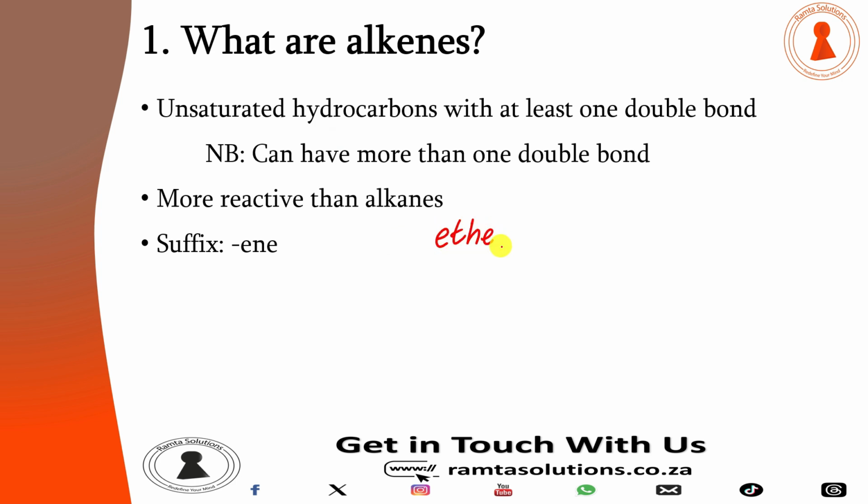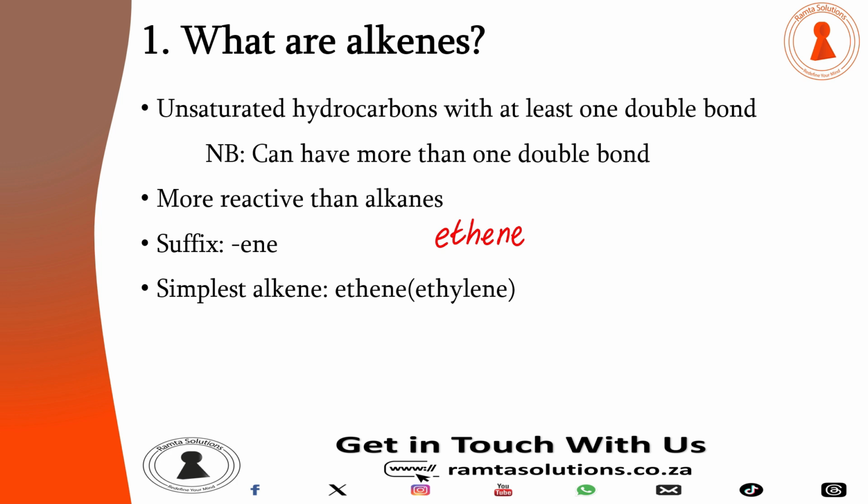This is an unsaturated hydrocarbon with two carbons and a double bond. This is an ethene. This ethene is your simplest alkene. You normally call it ethylene.